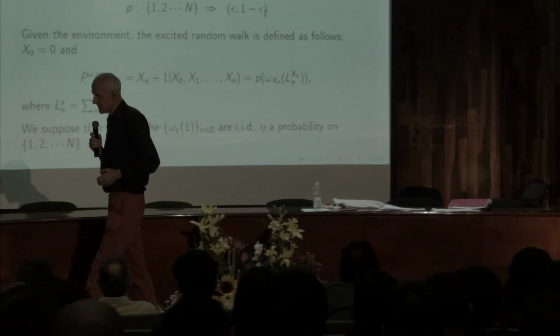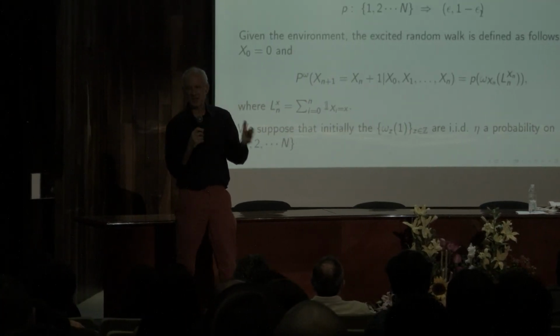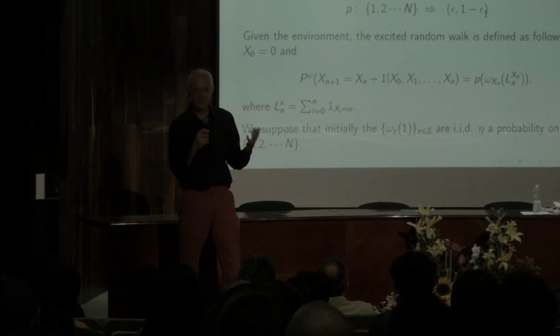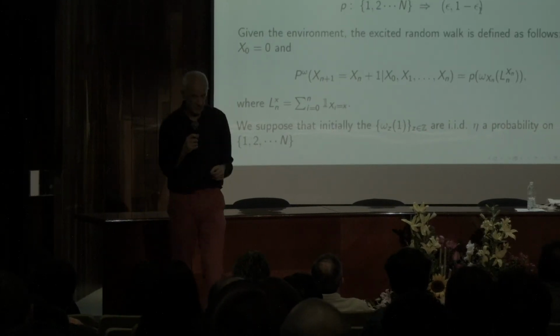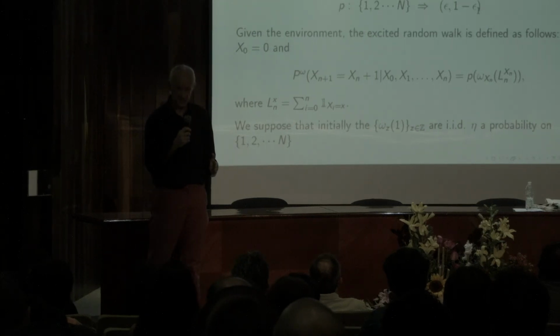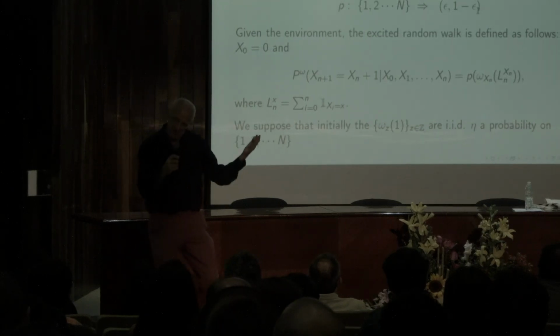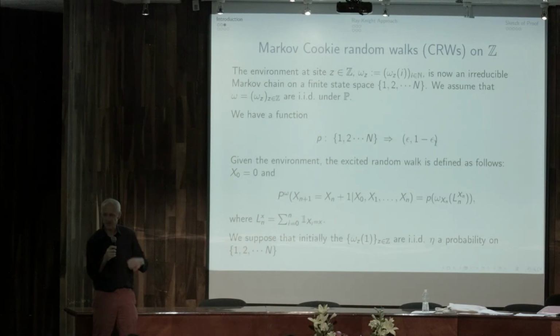I'm going to talk about when you have recurrence, but not the critical cases. There are two parameters, delta and delta dashed, and you have recurrence if both of these parameters are less than or equal to 1. I'm going to take them to be strictly less than 1. If one of them is 1, you shouldn't expect the nice limiting behavior. It's just not going to happen. The critical case is too weird, okay?